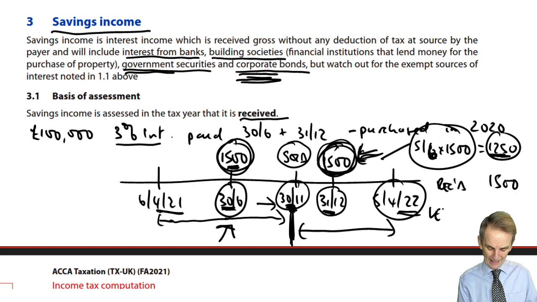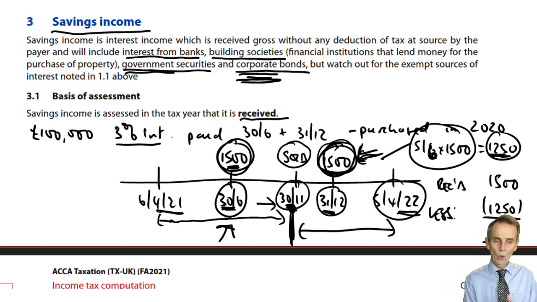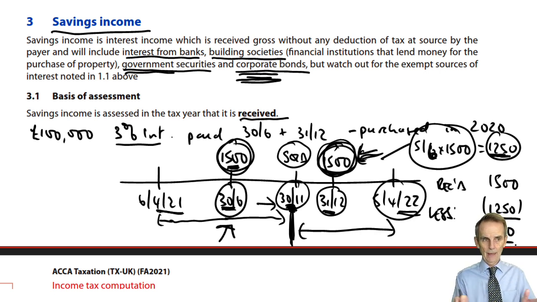But we then deduct the amount of accrued interest that we have assessed on the vendor, £1,250, and that means, therefore, that only £250 is going to be assessed on the buyer. So what we've done is to correctly assess each of the vendor and the buyer in the tax year in which that security has been sold.